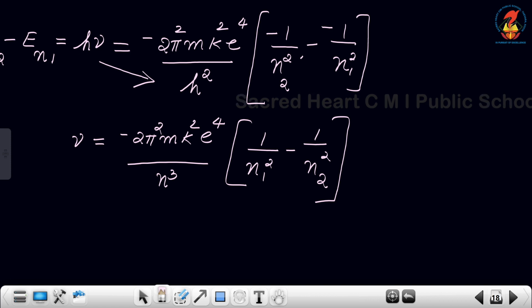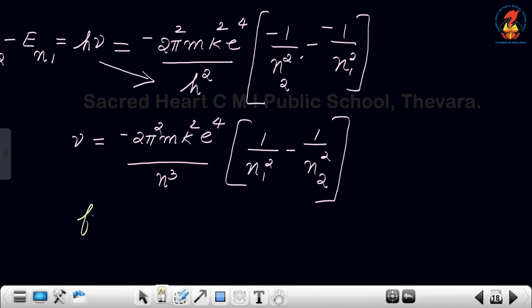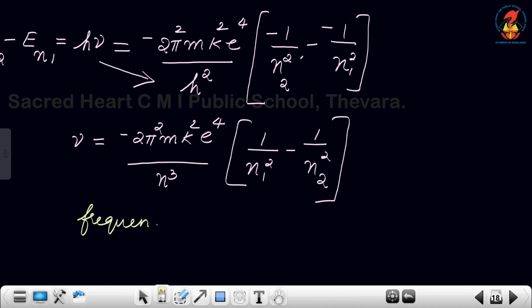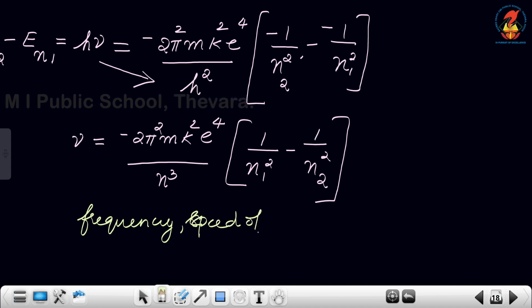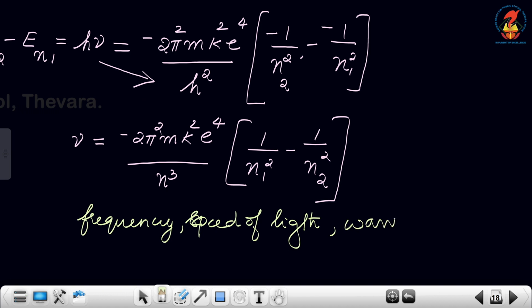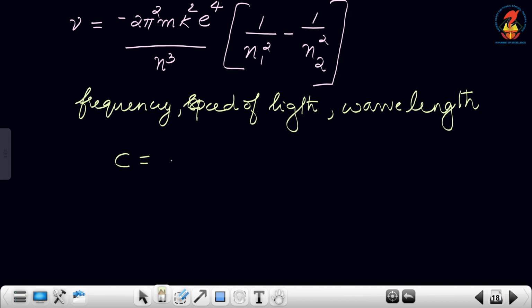The next step is to use the relation between frequency, speed of light and wavelength, which is given by the equation C equals nu lambda. Instead of V we are using C, or we can write nu equals C divided by lambda.